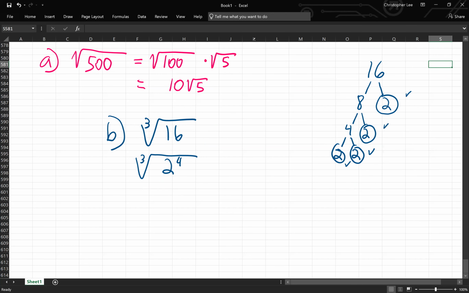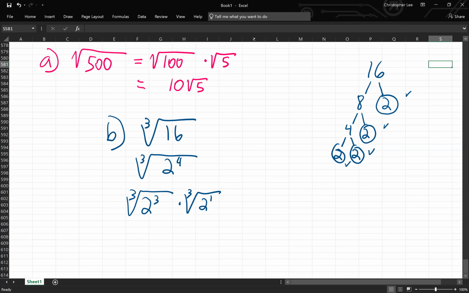Now, remember, we want to break this up into a power that is divisible by the index and one that isn't. So, cube root of 2 to the third, which is divisible by the index, times cube root of 2 to the first, just like that.